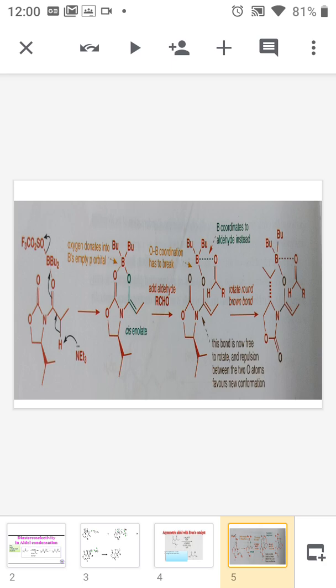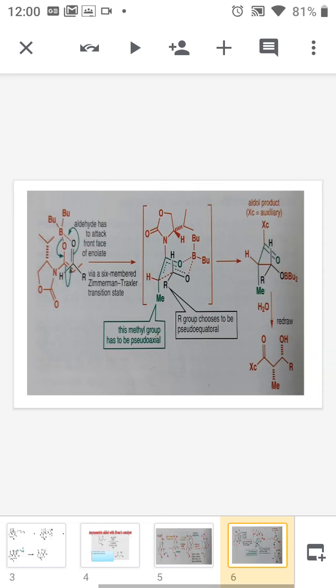Then we know that the ketone or aldehyde, the electrophile, can approach the enolate from only one side.